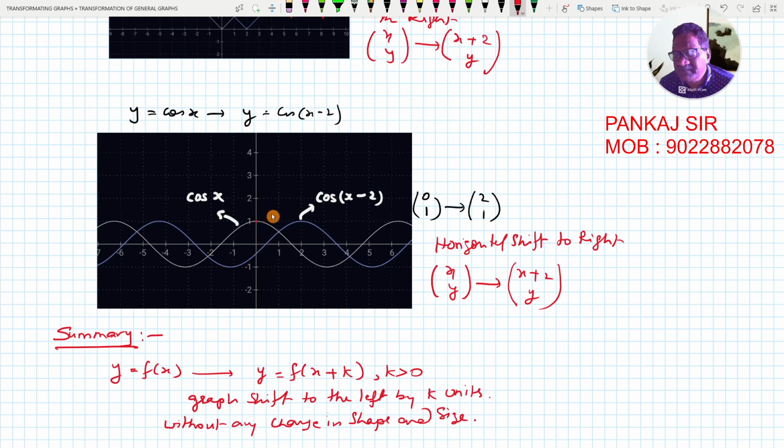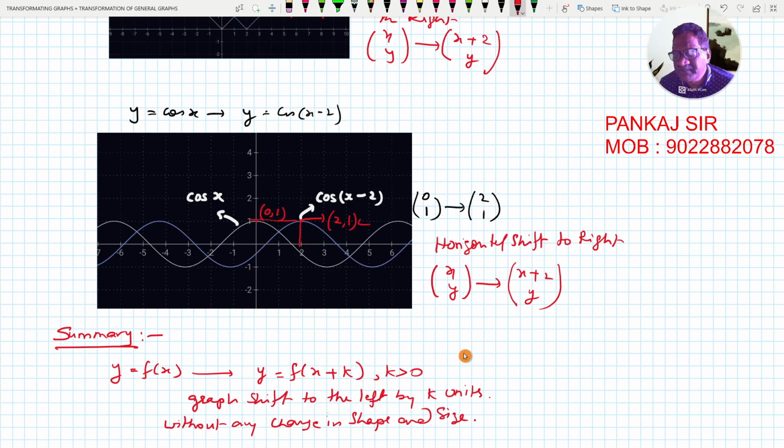You see this point is 0 comma 1. This point has shifted to the right, that is over here, in the transformed function, and now the coordinate will change to 0 plus 2, which is 2, comma 1. So can you see this coordinate is 2 comma 1, right?